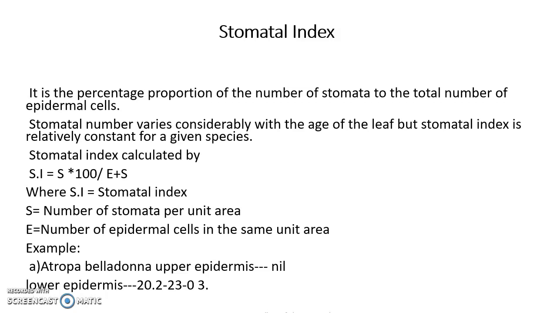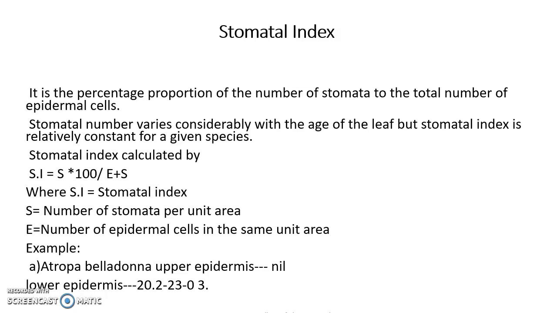It means that if you take the stomatal number of a 3 year old plant, it may be one value, but after 6 months, if you take it again, it may vary. So it varies with the age of the leaf, but the stomatal index remains constant for a given species.